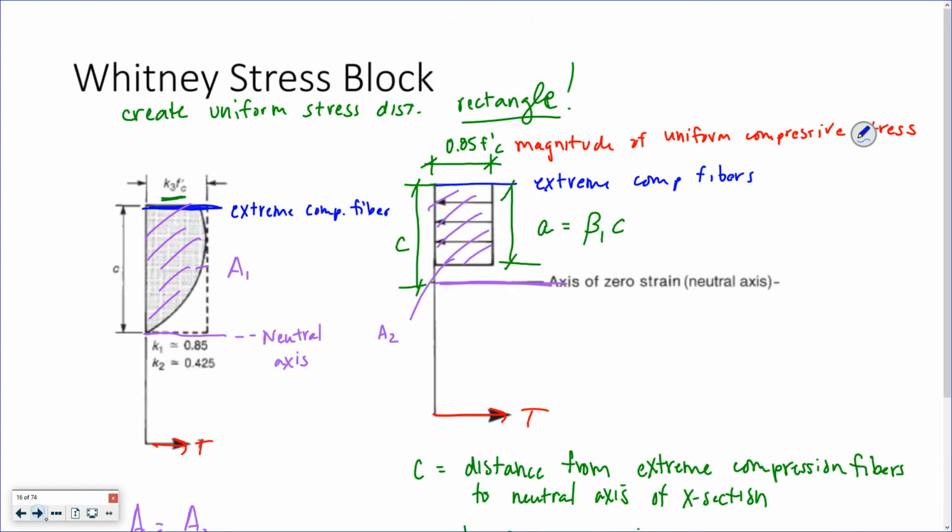Instead of assuming this weird parabolic stress distribution, we're going to make it look like a nice little rectangle, and it's going to have a magnitude of 0.85 f'c and a height of beta 1 times c.